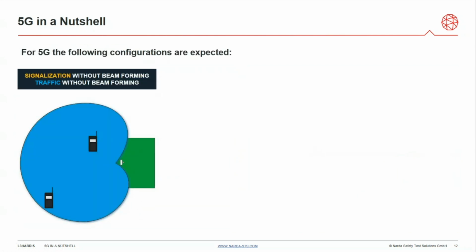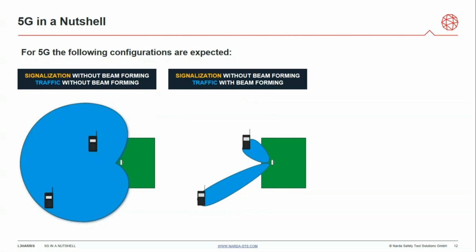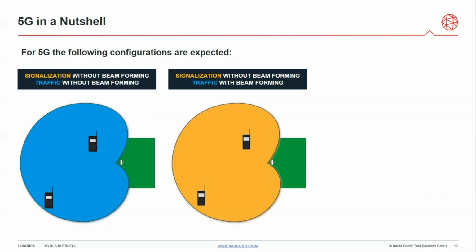And now we need to again separate different cases. There can be the good old case that signalization and tracking is without beamforming. So that was the case in 2G, 3G, majority of 4G installations. Now with UMTS, it's possible to have signalization without beamforming.